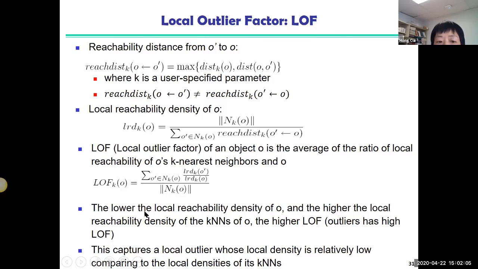The lower the local reachability density of O, and the higher the local reachability density of its K neighbors, the higher this value is, and this indicates an outlier. So the outlier has lower density than the density that its neighbors have.